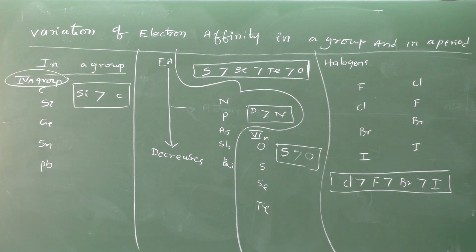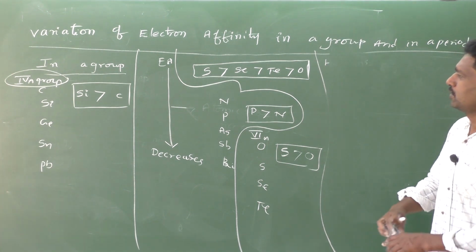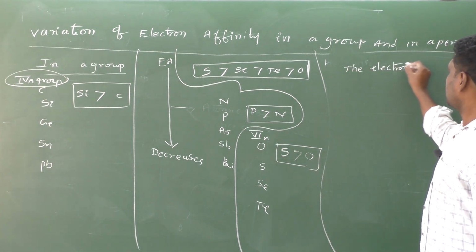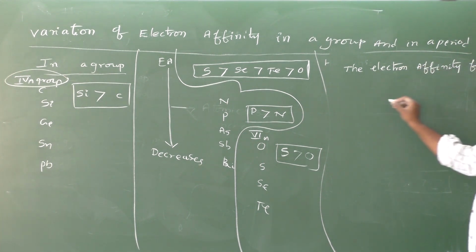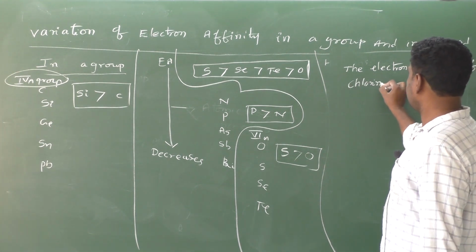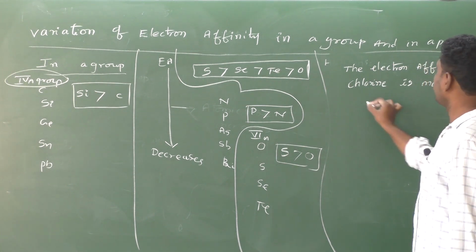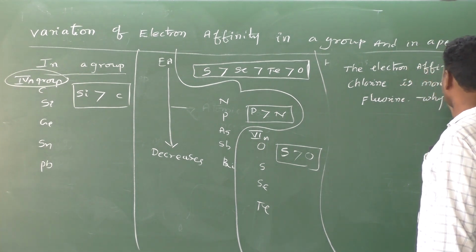So why does chlorine have more electron affinity than fluorine? I will explain here.